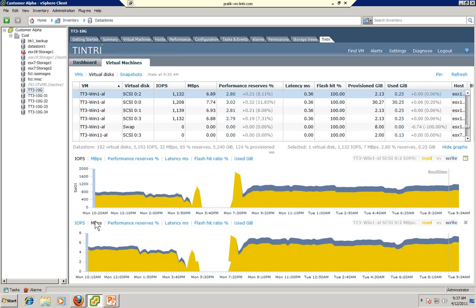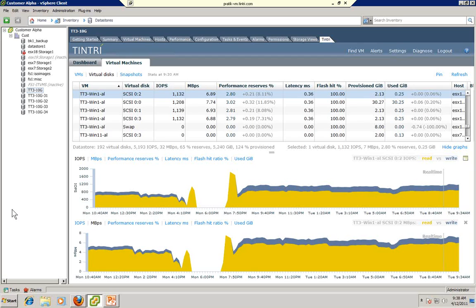We also do calculations on how much Flash a particular virtual machine needs, so essentially its working set. We also make sure that snapshots are not occupying Flash. They can be stored on SATA disks. And Pratik will also show you how we make sure that critical applications are stored in Flash if you really want to make sure that you have quality of service for a specific application. So Pratik, why don't you go through that?